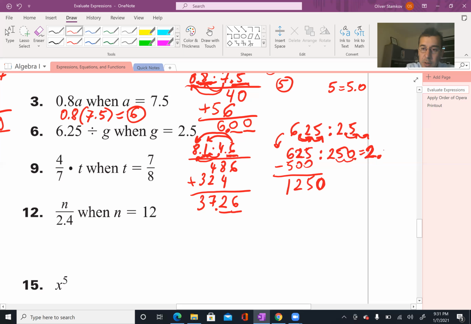So this becomes 5, because 5 times 250 is 1250, and that's it. So the solution is 2.5. That's the solution for number 6.